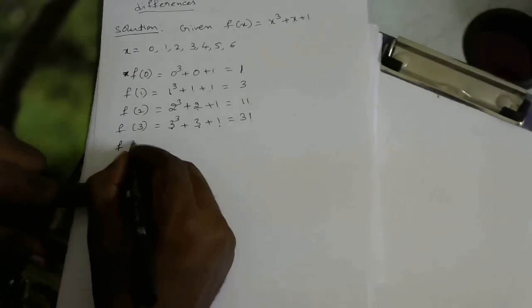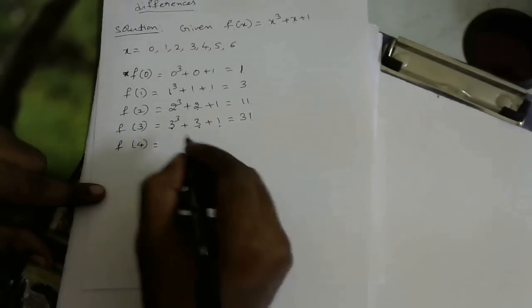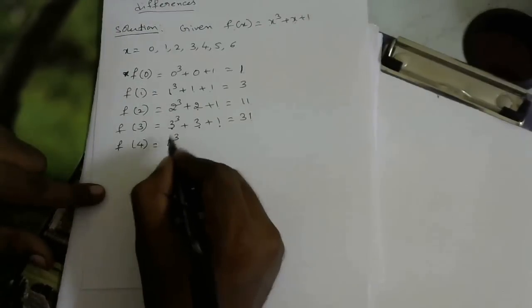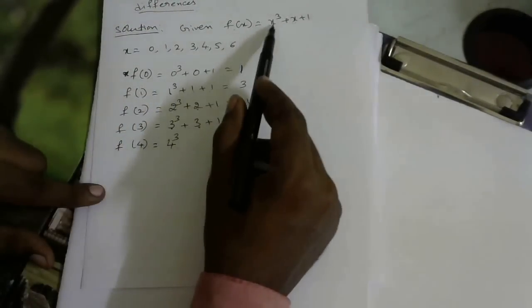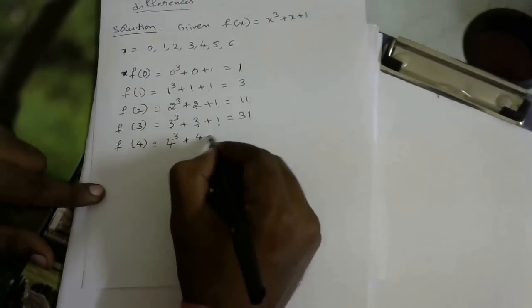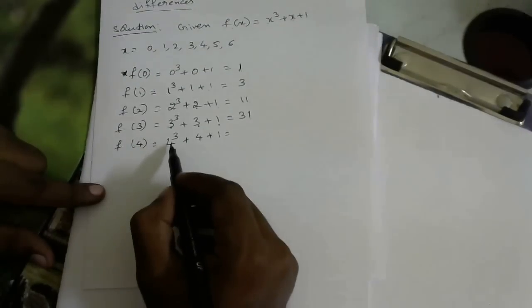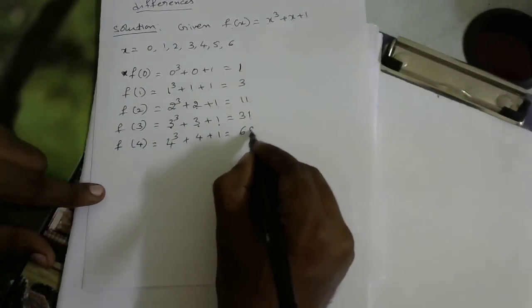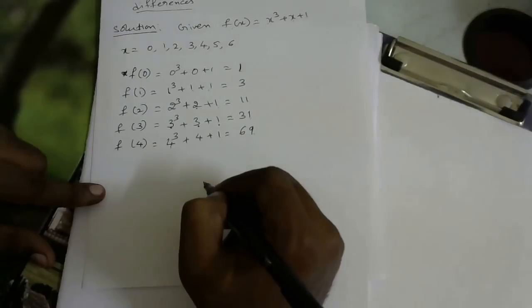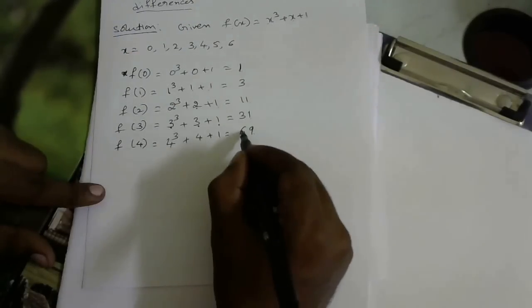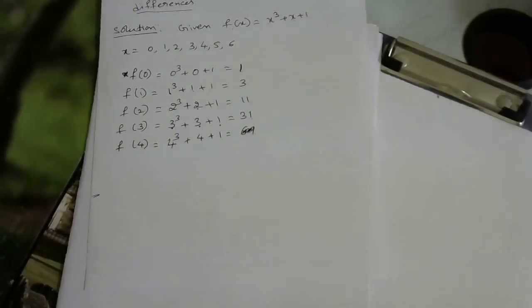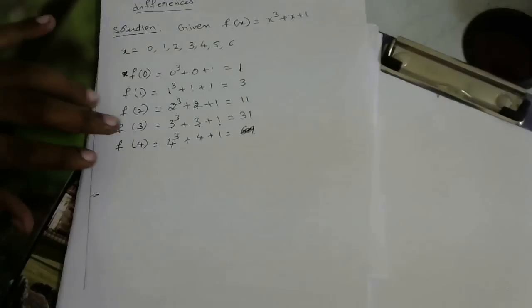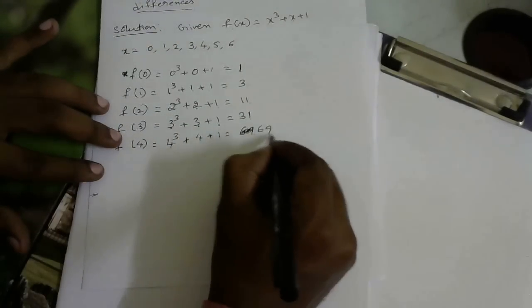And put x equals 4. If you put x equals 4, what do you get? Here 4 cube plus 4 plus 1. So 4 cube means 64, 64 plus 4, 68, plus 1, you get 69.